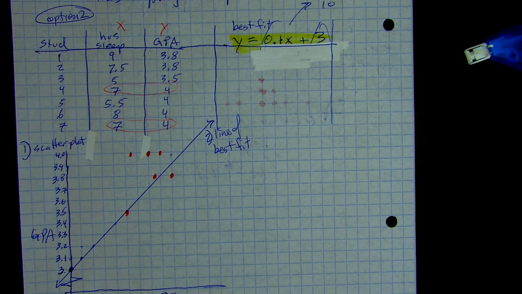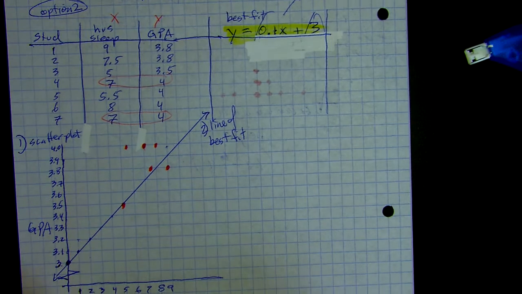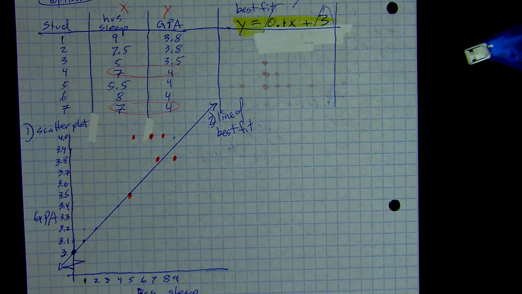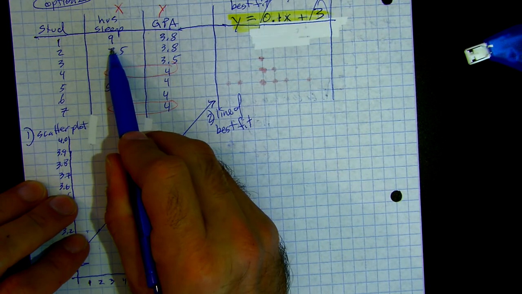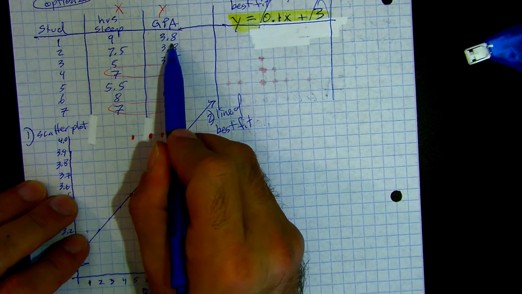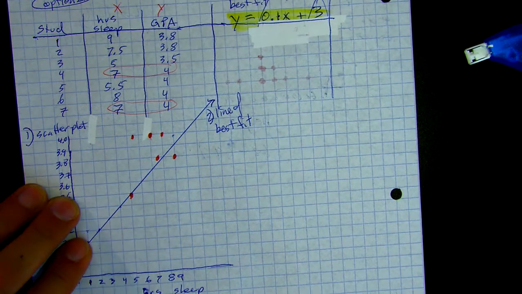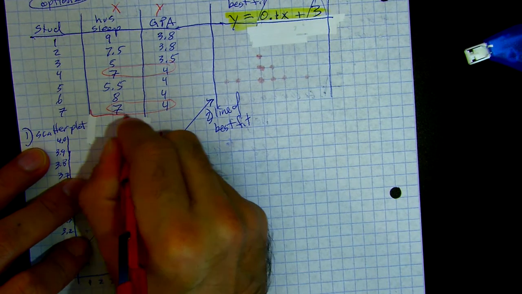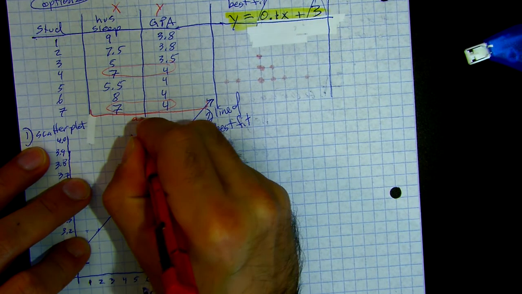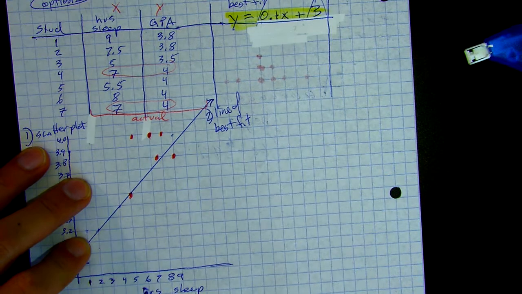And remember, this is how it works. We are looking at how many hours of sleep and what the GPA should be. Okay, so we want to think of this as this. This right here is the actual. Remember we were talking about this? That's the actual.